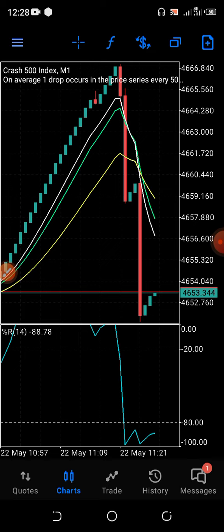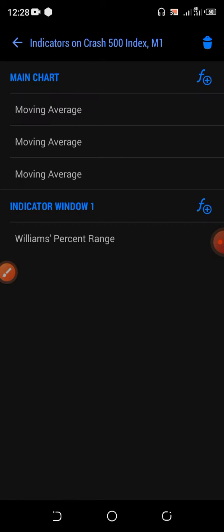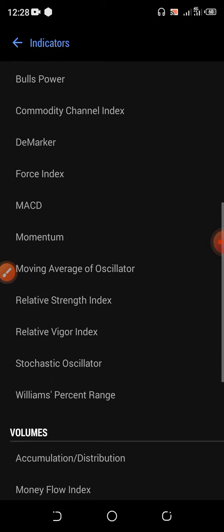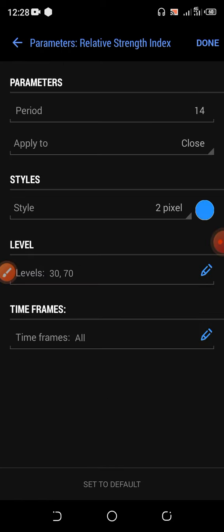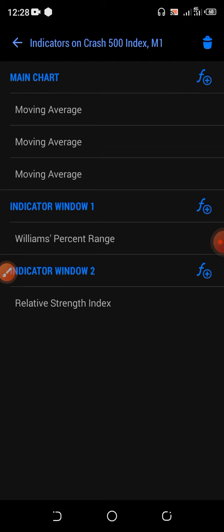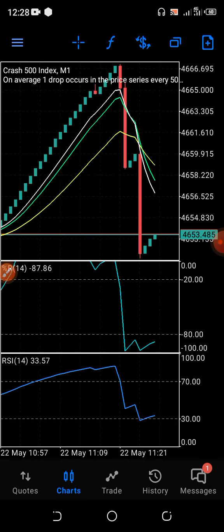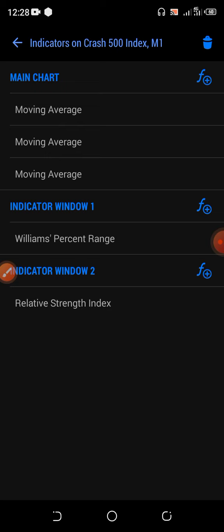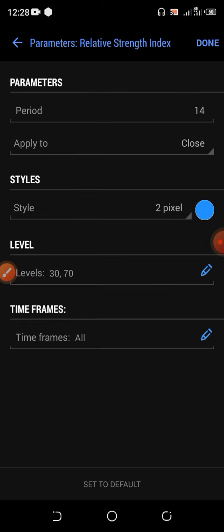So what I'll be doing now is adding the relative strength index so that you will see something. This is relative strength index 14. You see, they are not the same. They have different things in common. Let me show you.